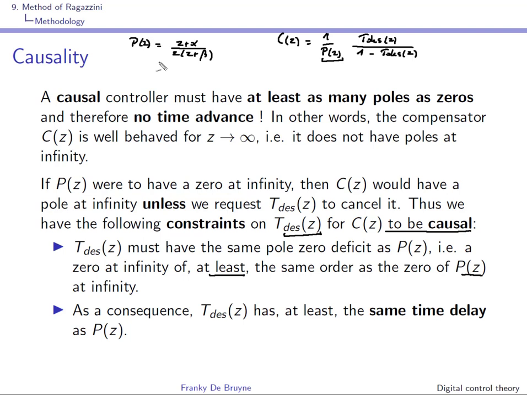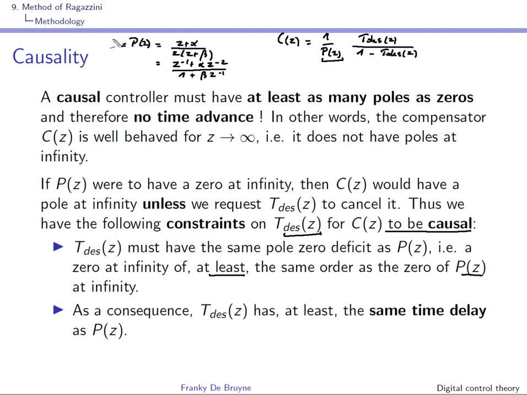You can rewrite this transfer function by dividing by z square at the numerator and denominator, and we have z minus 1 plus alpha z minus 2 over 1 plus beta z minus 1, right?